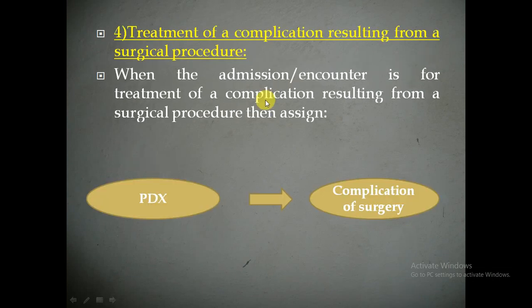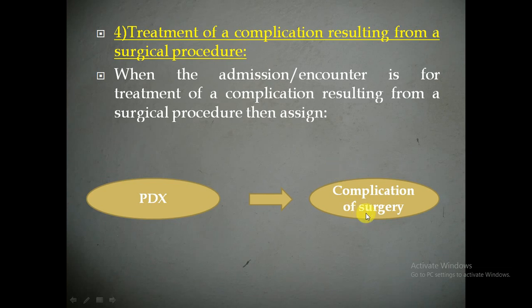We will see another guideline: treatment of a complication resulting from a surgical procedure. So the neoplasm patients may undergo some surgery. So whenever that surgery has led to some complication and the patient is coming to the hospital for the treatment of that complication, so in those conditions the principal diagnosis would be the complication of the surgery.